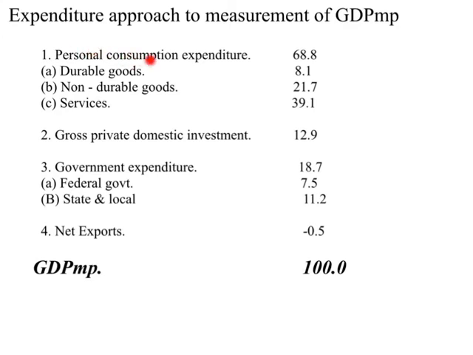This personal consumption expenditure can be divided into three parts. One is our expenditure on durable goods, goods which last for a longer time, like cars, washing machine, and so on. And then our expenditure on non-durable goods, which do not last for a long time. And then look at this item services, the insurance we pay, the medical costs we pay, all that is a part of services.